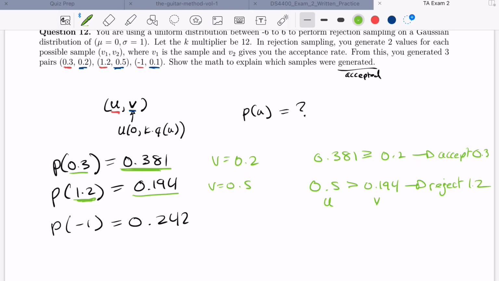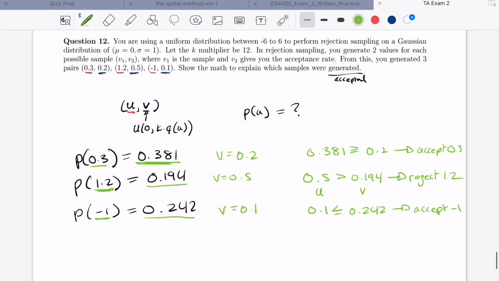And then finally, U3 is equal to -1, with probability 0.242, and V equal to 0.1. Well, 0.1 is less than or equal to 0.242, which means we accept -1.